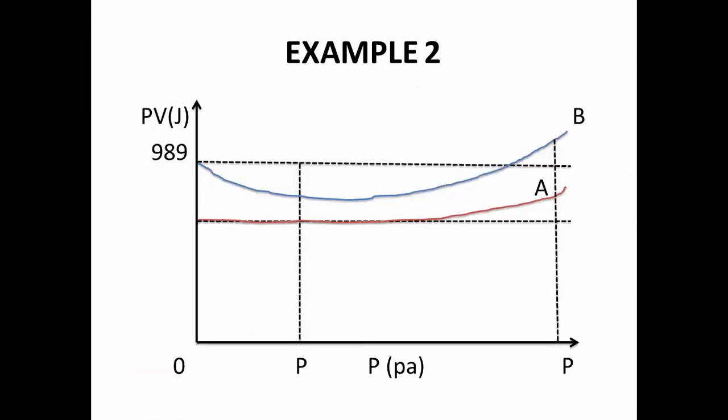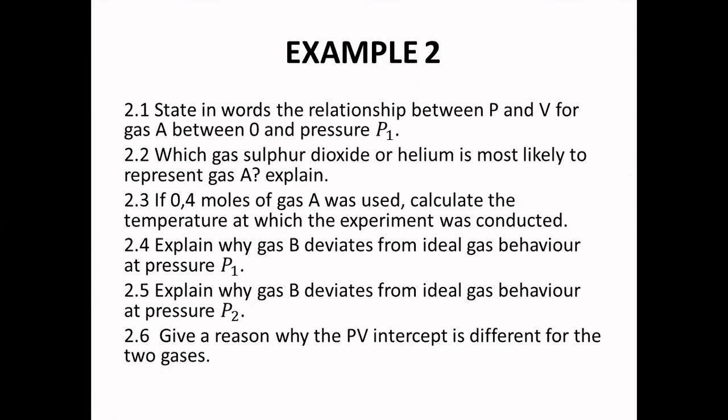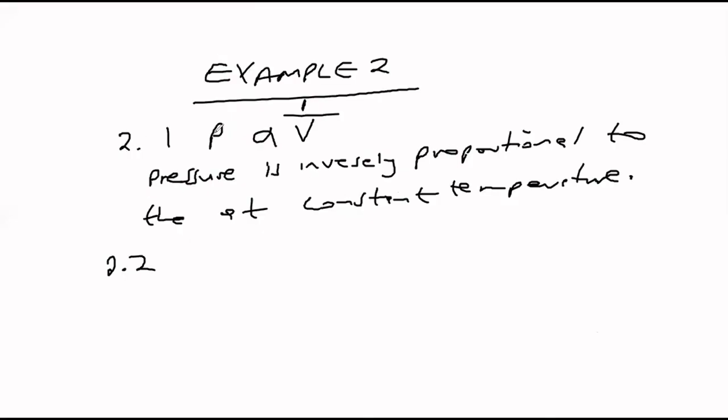Let's check gas A. As you can see here, gas A, as pressure increases, deviates less than gas B, which is sulfur dioxide. So we can say gas A is helium, not sulfur dioxide.